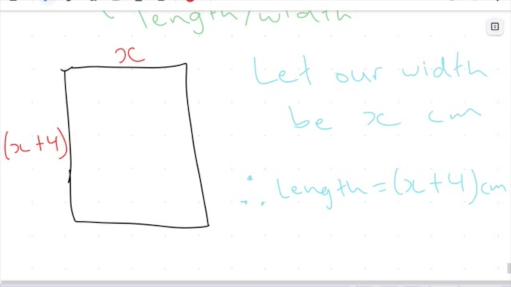Now just for space, I won't write the units because I want to just be mindful of space, and the units make it a little bit messy when we actually apply our quadratic equations. Now our area is 320 centimeters squared. Now, how do we find the area of anything?